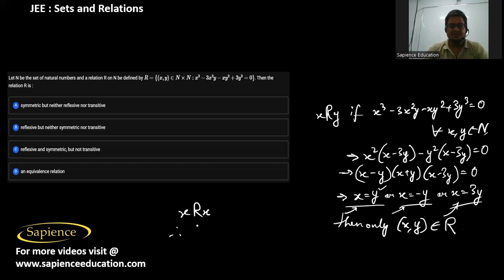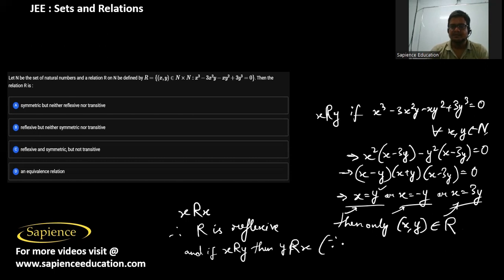So therefore R is reflexive. And also if x is related to y, then y will also be related to x?